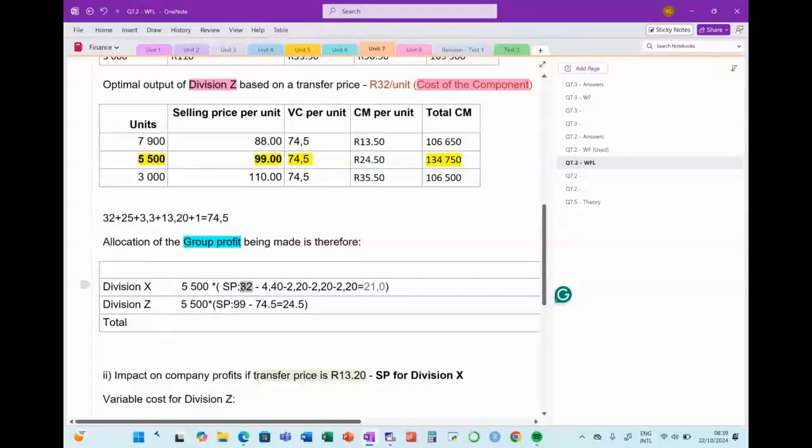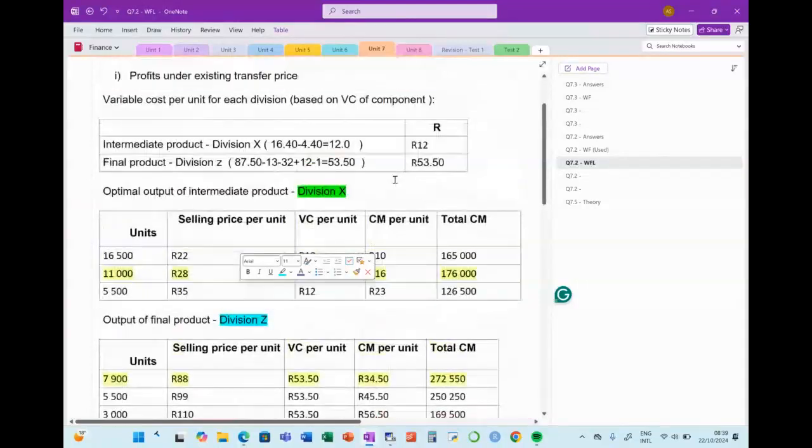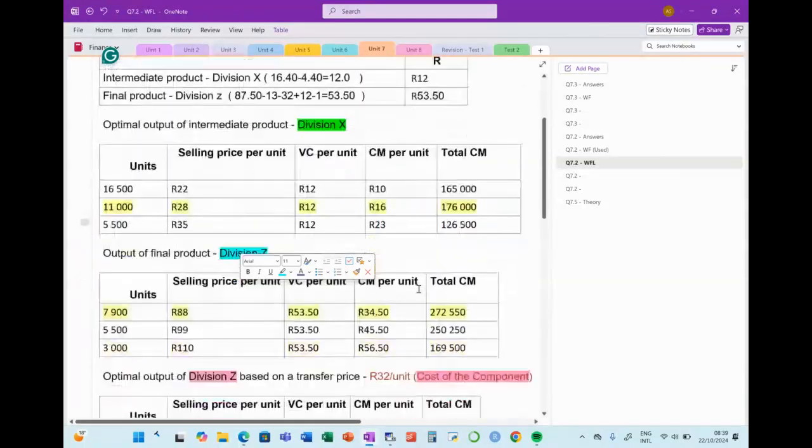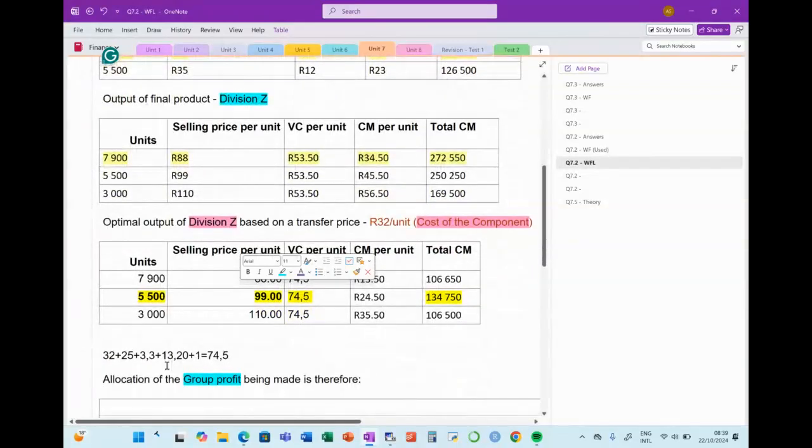So here we've got the 32. So remember, we're charging it externally. Because remember here, when we were looking at the 12 Rand, it was including the variable cost, right? But we were looking at only Division X.